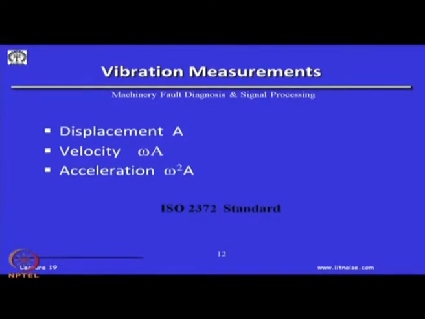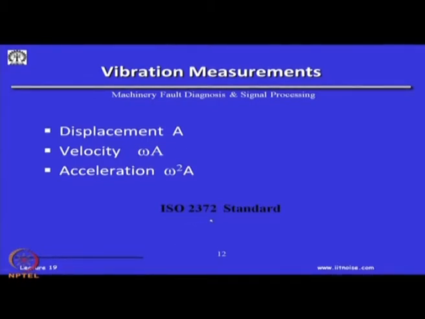And the question is, we have to use these vibration measurements, and the question you would always be asking is, I have got a certain value, is that good, is that bad, I do not know.